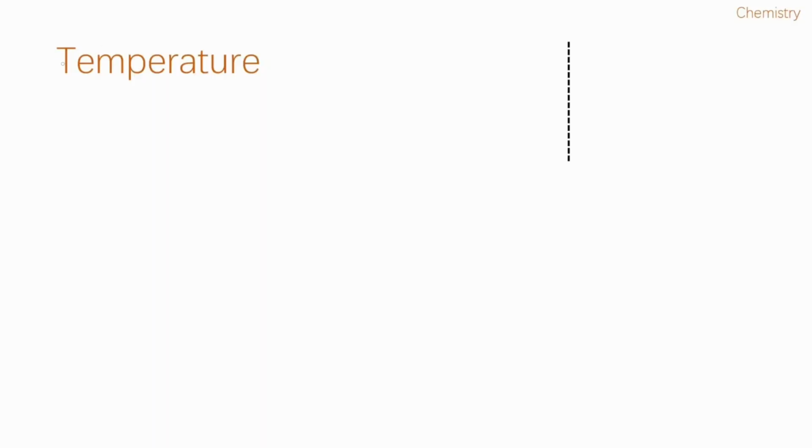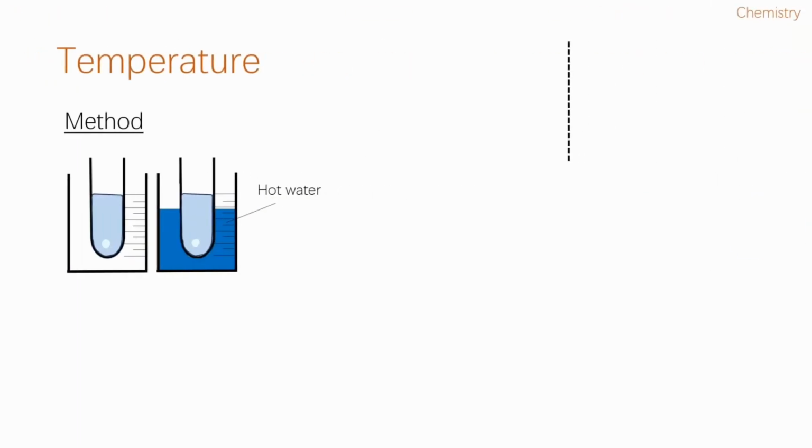Now we come to look at temperature. And first, should we look at the method of the experiment that we are going to conduct? There are 2 beakers this time, and there are 2 boiling tubes as well. The only difference in this experiment will be the water and the temperature of the water.